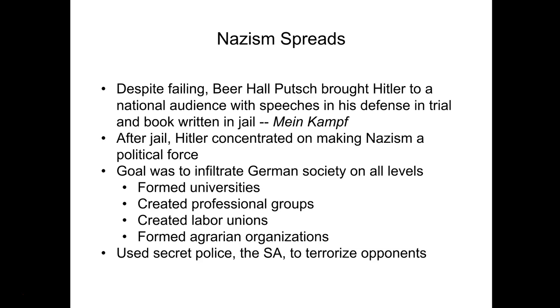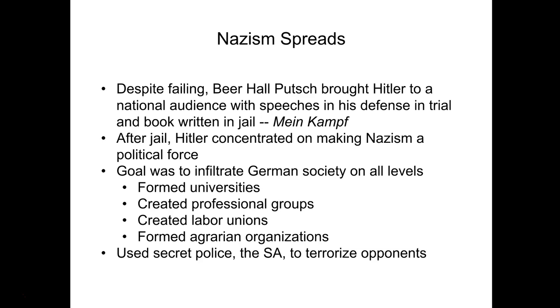So he creates new Nazi universities, professional groups and networking groups, even labor unions and agrarian organizations where like-minded individuals could get together, share ideas, and help each other out. He also uses a secret police known as the SA to help terrorize his opponents. In local elections, the SA may be called in to sway people to vote a different way than they were thinking about voting.